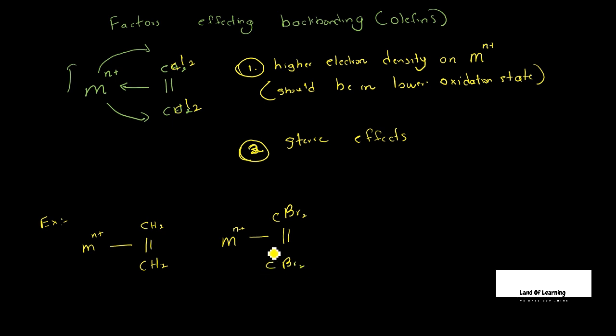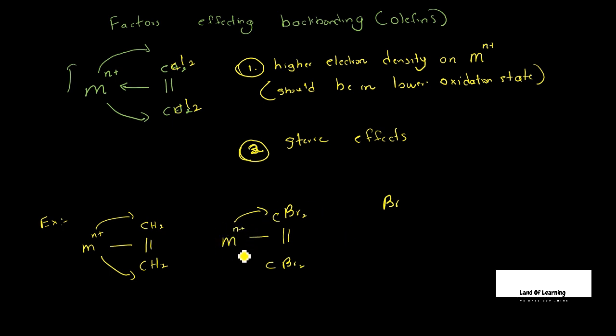Now look at this. In this case our metal center can easily donate its electrons towards the vacant p orbital in the carbon, but in this case it's really hard, because there are bromine atoms. Bromine is a very huge atom and it contains a very large electron cloud.